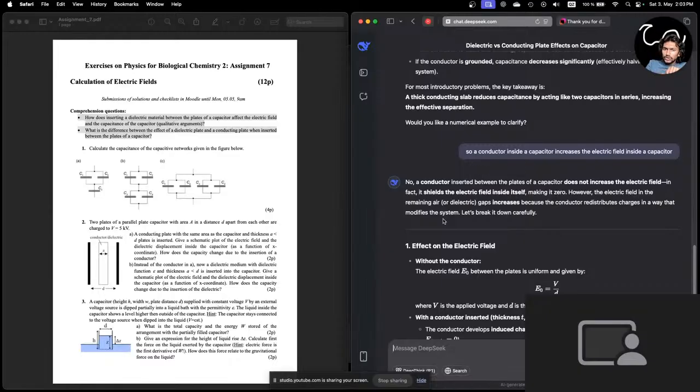So the addition of a conductor to a capacitor decreases the capacitance.